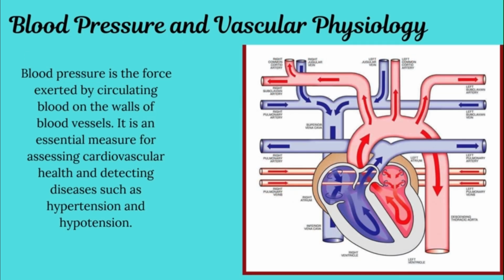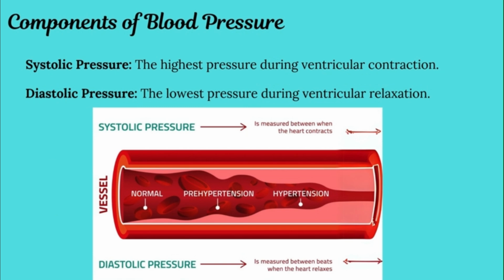Blood pressure and vascular physiology. Blood pressure is the force exerted by circulating blood on the walls of blood vessels. It is an essential measure for assessing cardiovascular health and detecting diseases such as hypertension and hypotension. Components of blood pressure. Systolic pressure, the highest pressure during ventricular contraction.